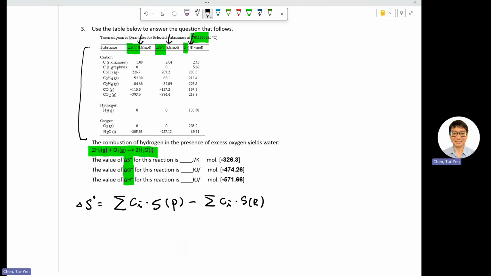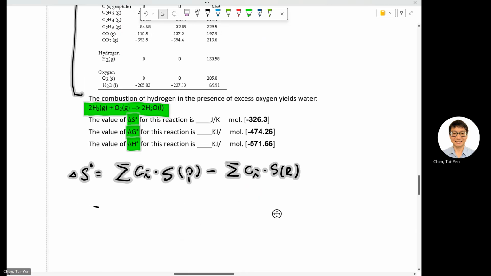That means what? For this specific reaction, this is your product, right? 2H2O in the liquid form is your product. Pay close attention to the phase because different phases give you different values. Make sure you identify the correct terms.